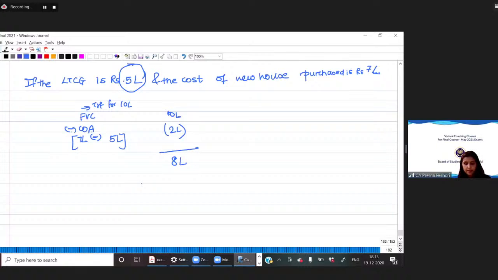Clear, Ramya? Any other doubt? Did you understand this well?